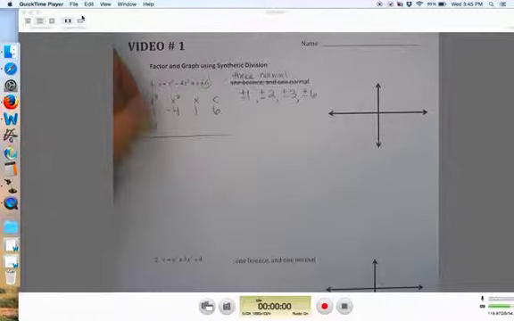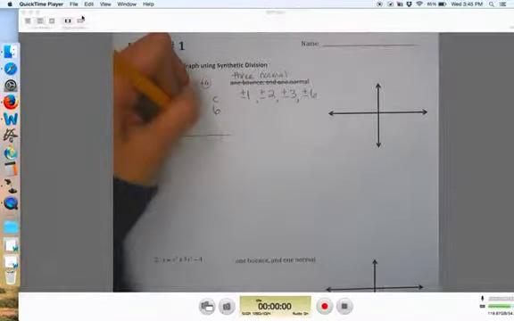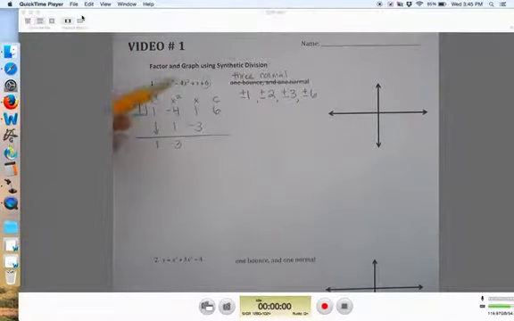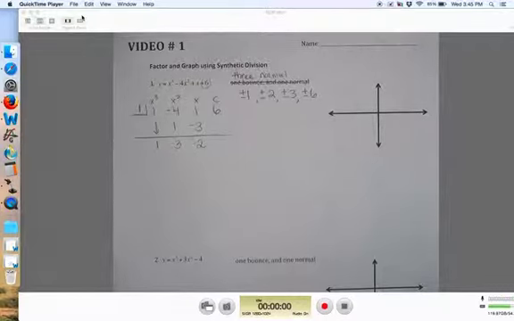And the first step is always to bring that first number down and then multiply. 1 times 1 is 1. Then you're going to add -4 plus 1, which is -3. And then you're going to multiply 1 times -3, which is -3. And you're going to add down. 1 plus -3 is -2.